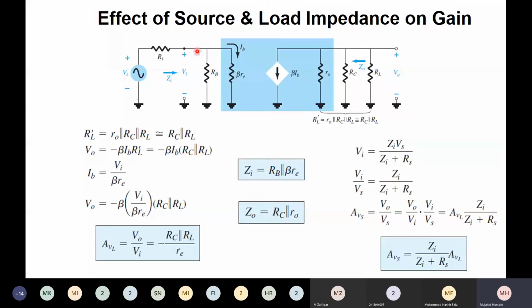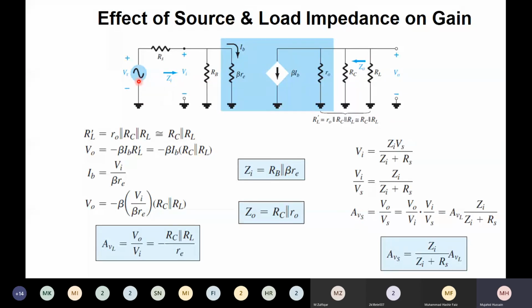This input loop contains a voltage source Vs, source resistance Rs, and resistance Rb. So this is an input loop. If you apply the voltage division rule, these two resistances are in series with this source.